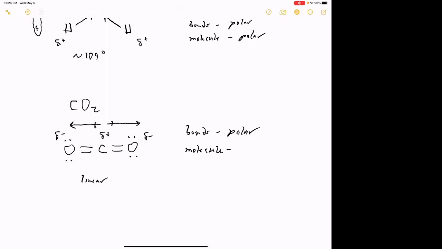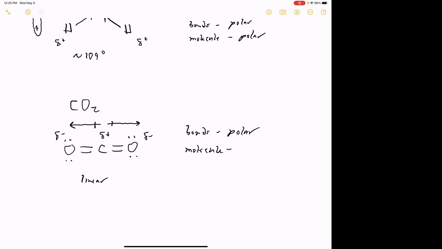If you take a look at this, are those dipoles canceling each other or working together? Look at the direction of the arrows, canceling or working together. Canceling? Yes, they are indeed canceling. So what do I know about the molecule?